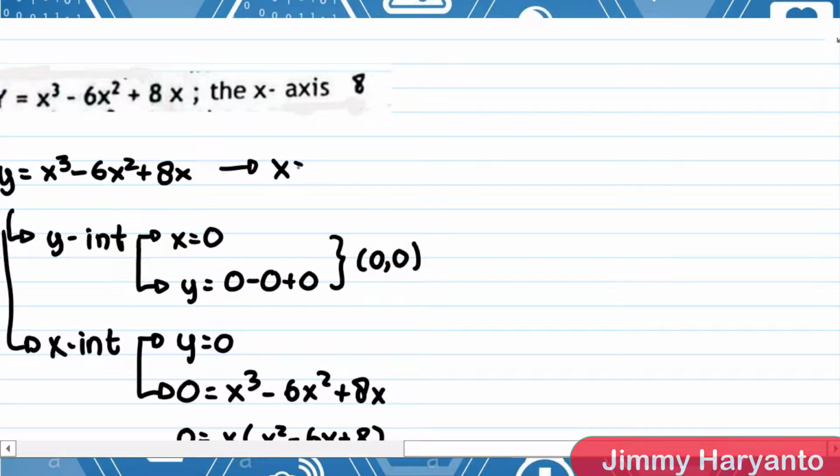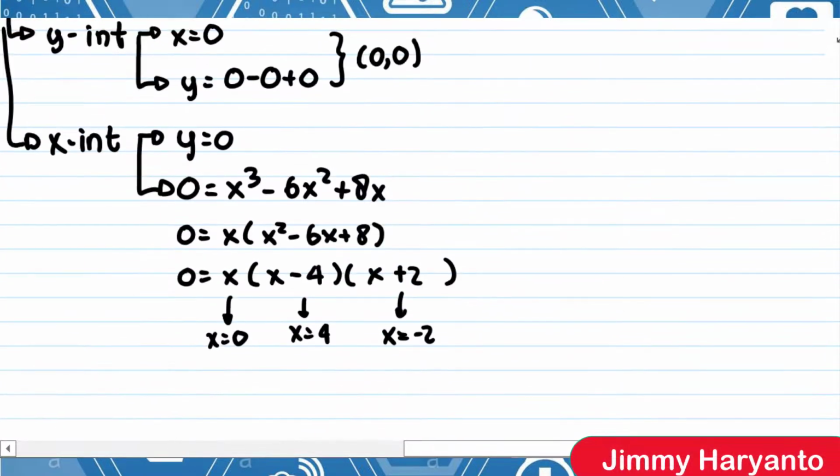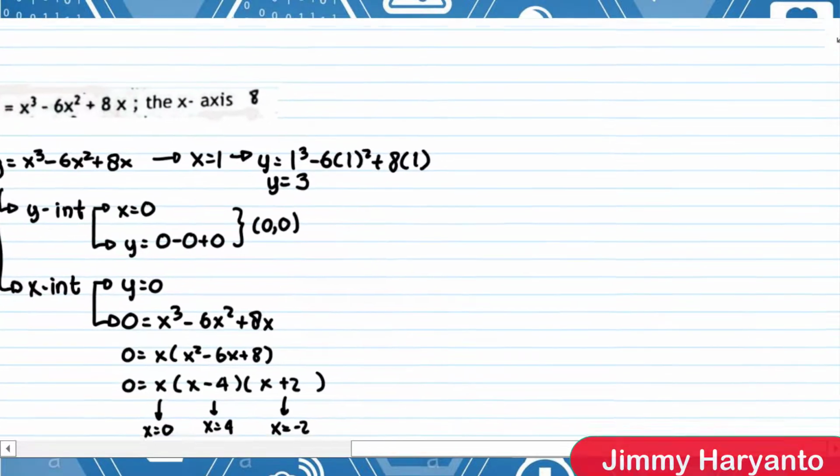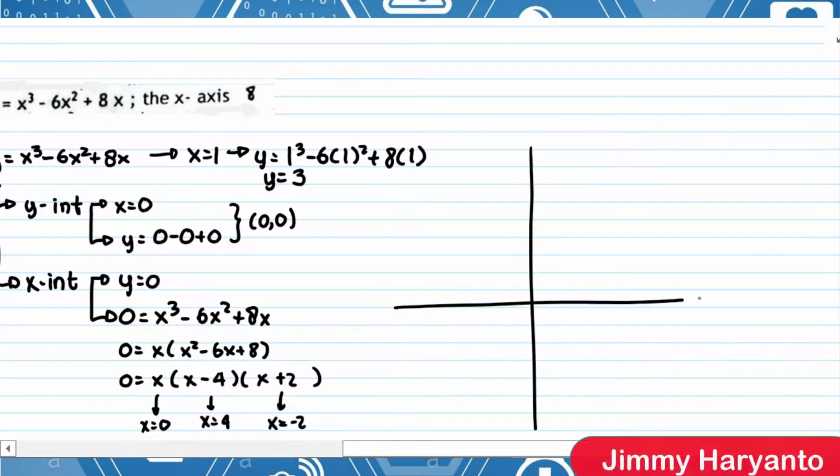So let's say I have x equals 1. X equals 1, that means y equals 1 cubed minus 6 times 1 squared plus 8 times 1. It will be 3. Okay, let's sketch it.